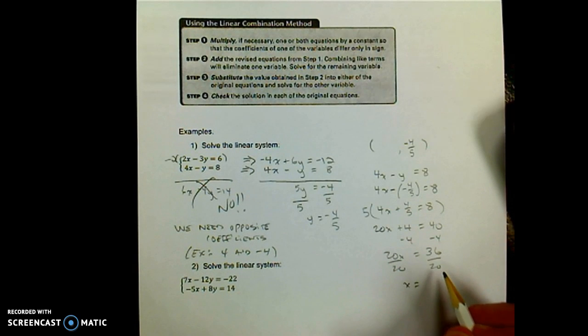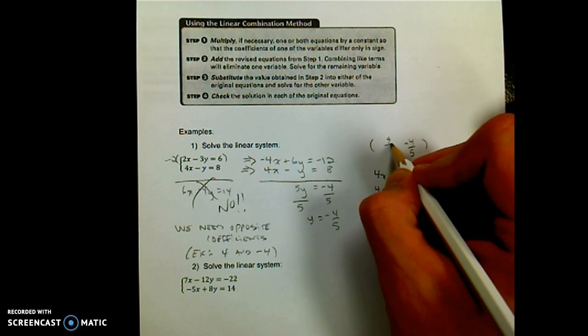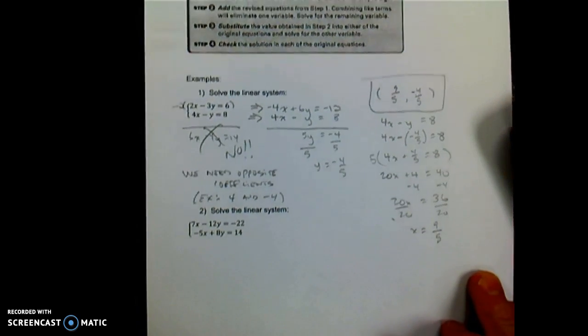Simplifying this down, both divided by 4. 36 divided by 4 is 9. 20 divided by 4 will give us 5. So our x value is 9/5. Our y value, negative 4/5.